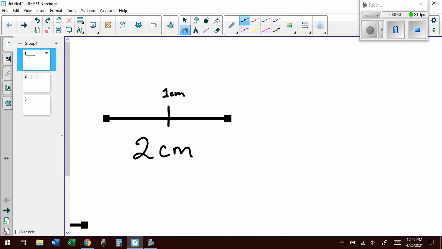And if we are going to use decimals and fractions, that means that each centimeter is partitioned into tenths.